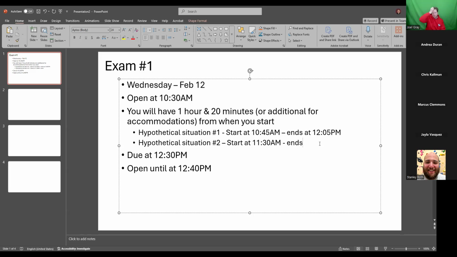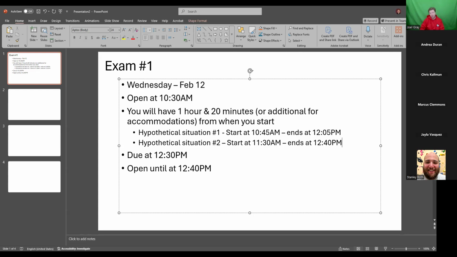So 12:30 is when you'll get a notification. I think the exam will pop up like, hey, the exam is due at 12:30. But you will have until 12:40 p.m. So what that means is that if you start at 11:30, you'll only give yourself an hour and 10 minutes.